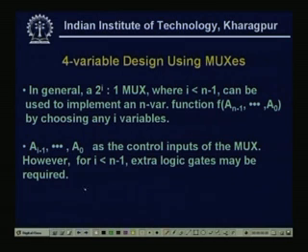If I have a function f n, say n number of variables a 0, a 1 up to a n minus 1, then first what we have discussed, that a multiplexer where that n number of select lines can be used to realize this function. Then always it is possible to design this function.